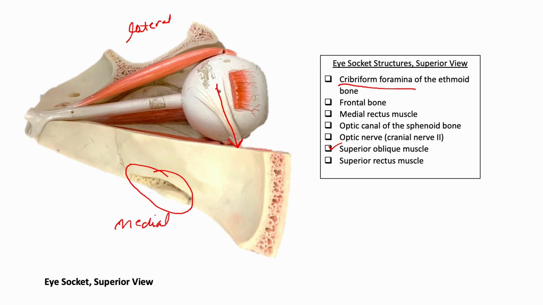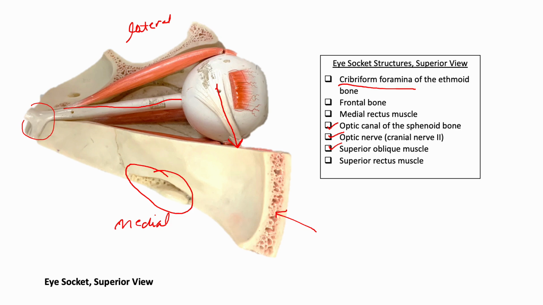The optic nerve, right, is very visible in this model, cranial nerve 2. Again, we see this canal, right, that's formed by the bones. Now, we see the frontal bone, okay? Again, there's a cutaway. The medial rectus muscle.